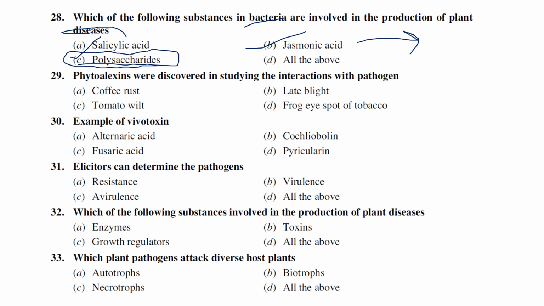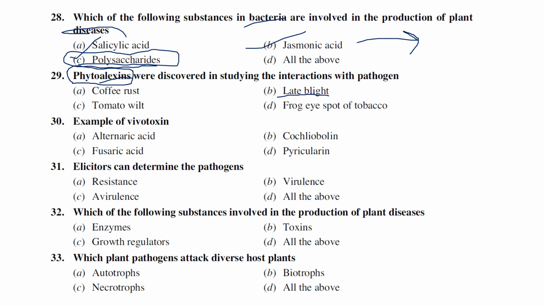The next one, phytoalexins. Phyto means plant, alexin means to ward off, or protecting kind of substances. These phytoalexins are plant-protecting substances produced by the plant after infection, not before infection, I repeat, after infection. So that was discovered in studying the interaction with which pathogen? Coffee rust, late blight, tomato wilt, or frog eye spot of tobacco?